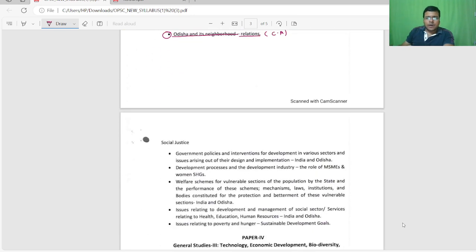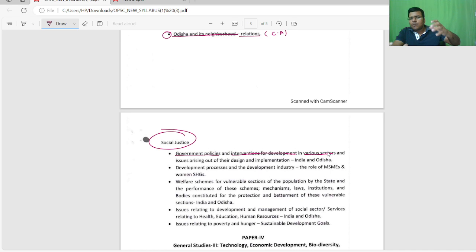Next, social justice part, government policies. So it is again public administration, policy formulation. What is public policy? For whom is public policy formulated? What type of public policy do we need? Intervention for development in various sectors.